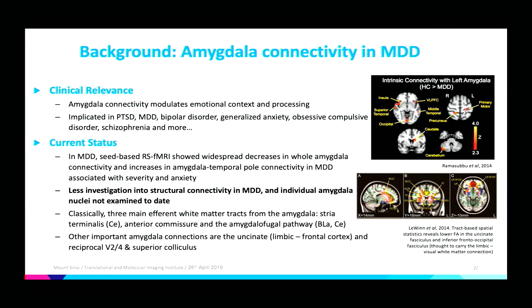It can be thought of as a higher processing white matter tract. And then there's also reciprocal visual connections with the amygdala in visual cortices 2 and 4 and the superior colliculus. And this is thought to be linked to a coarse threat response, which facilitates unconscious selective attention switching.